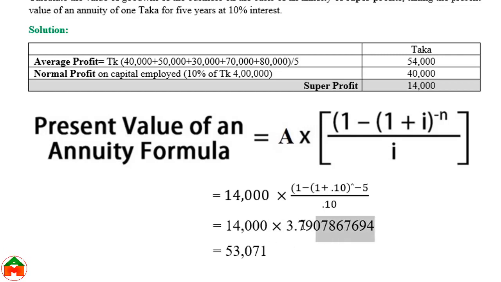However, if we multiply this present value interest factor for annuity with the annuity 14,000, we will get the present value, and this present value would be considered as the value of goodwill. So here the goodwill is 53,071.